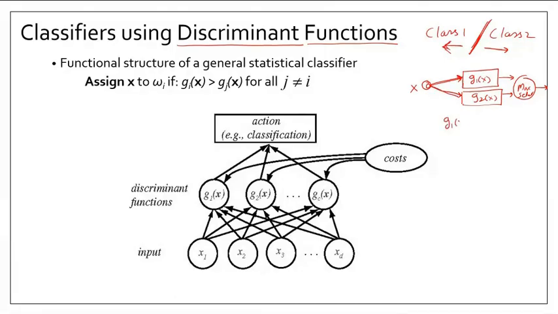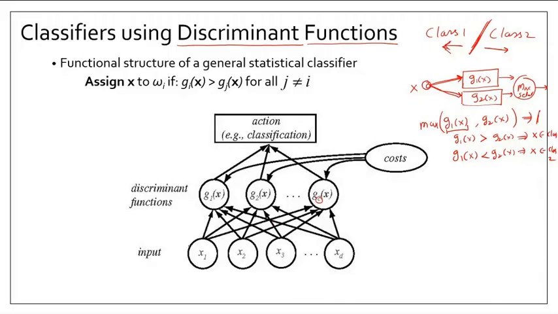You calculate g1(x), then g2(x). Whichever value is max, the index of that function is your class. If g1(x) is greater than g2(x), you say that input x belongs to class 1. If g1(x) is less than g2(x), then x belongs to class 2. I can extend this concept to c classes.